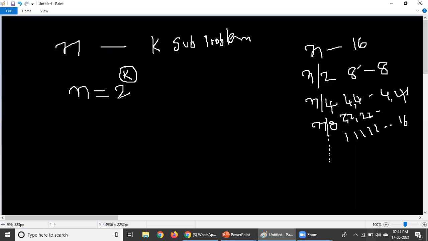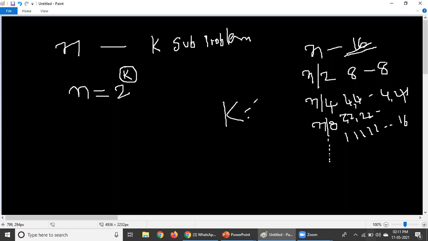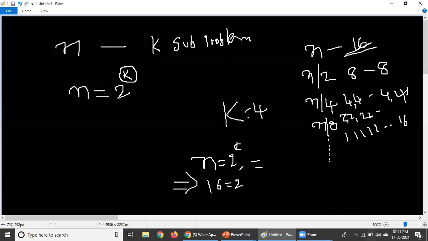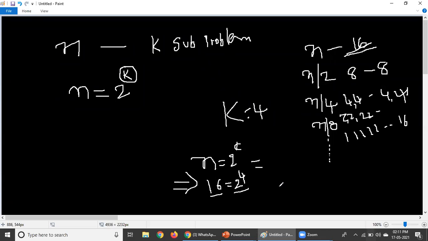What is the value of k for n equal to 16? The value of k will be equal to 4. Four times you operate a division, and n will be equal to 2 power k, that is, 16 is equal to 2 power 4. If you divide 16 by 2 power 4, it leads to 1.